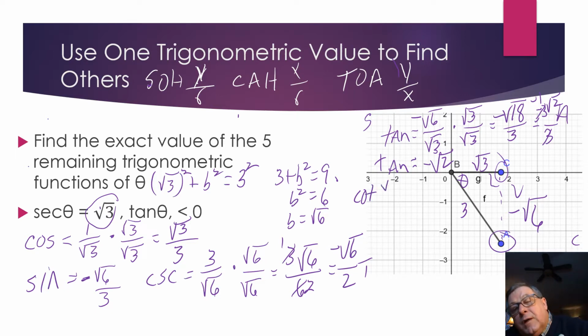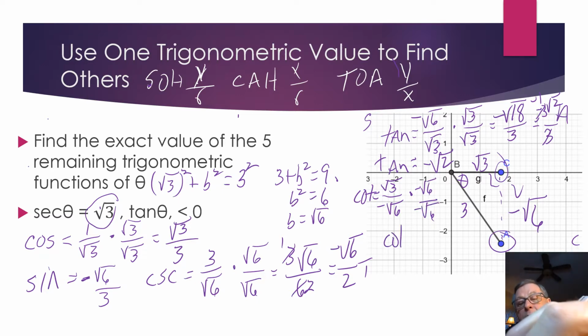And we've got to rationalize the denominator again. So I'm going to rationalize this by negative square root of 6 over negative square root of 6. You know what I could do is I could do that easier because I solved the tangent to be negative square root of 2. Let's do that.